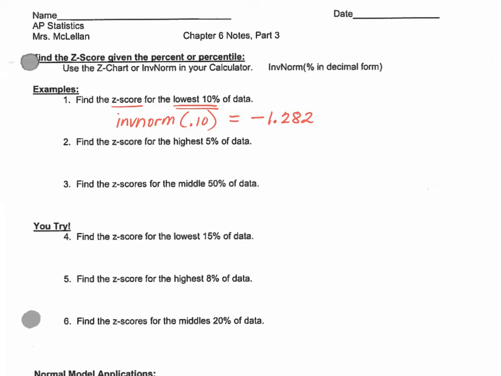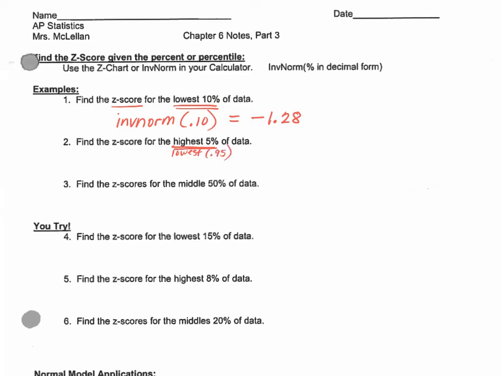All right, let's go ahead and do these z-scores to 2 decimal places. I'm going to try and start fixing my keys so that they are that way. It makes it easier on everybody. Okay, find the z-score for the highest 5%. That means I have the lowest, what? Because it has to be inverse norm of the area below is the z at that spot.